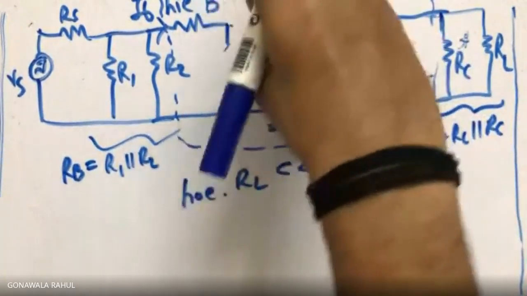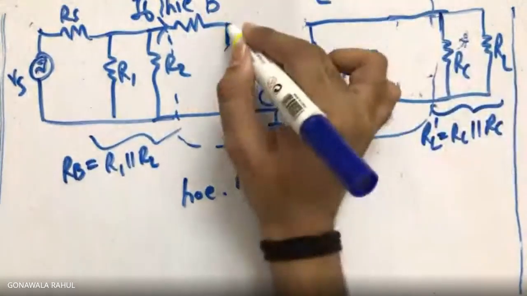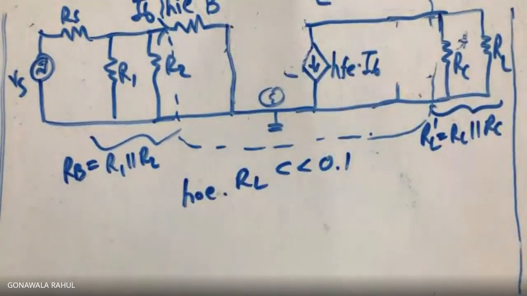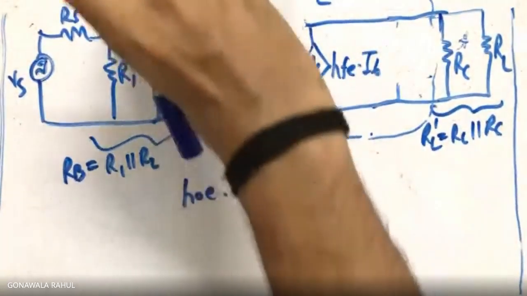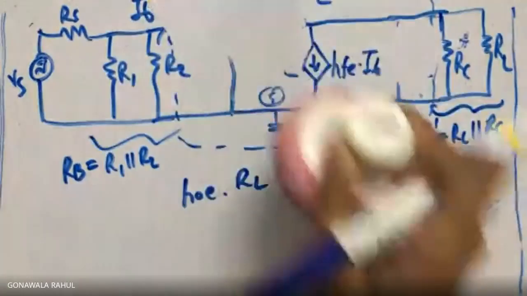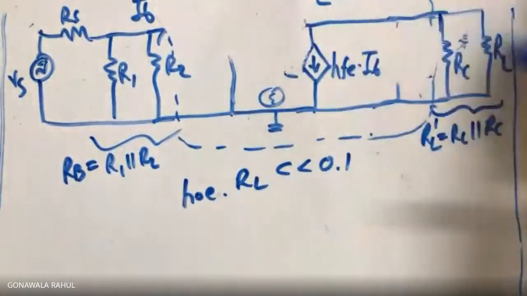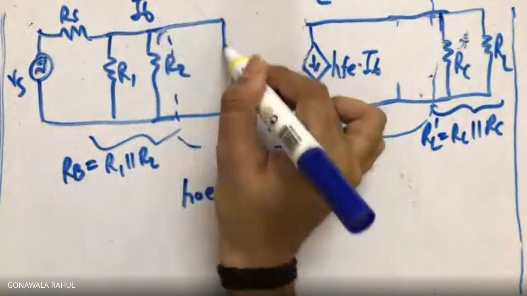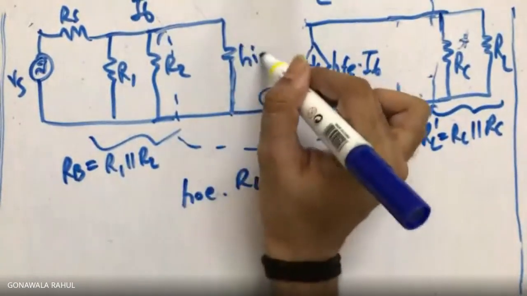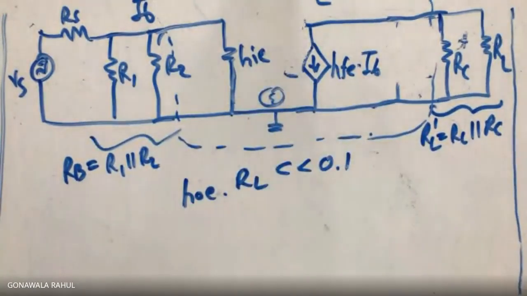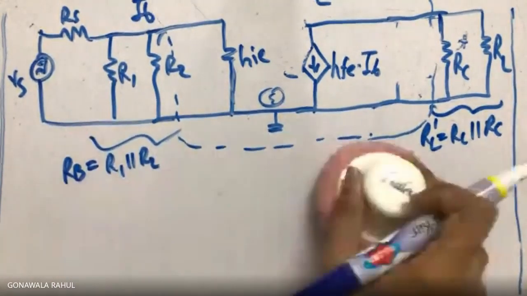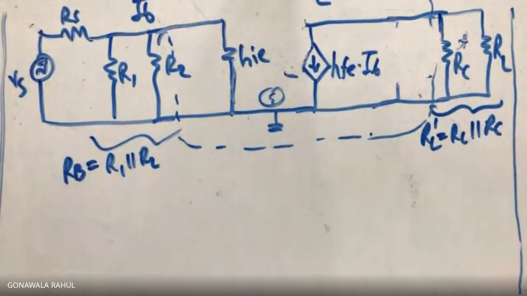So it is like this now. This HIE I can draw like this: R1 parallel R2 and then we have HIE here. Clear? So our circuit would be like this. Now our target is to find out voltage gain.